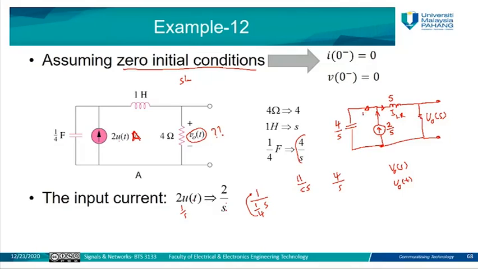And also here we have the current we call IC. This is the current that will go through the capacitor. So the voltage of the capacitor in this case will be the current times the value of the impedance here. So the voltage of this capacitor will equal IC times 4 over S.